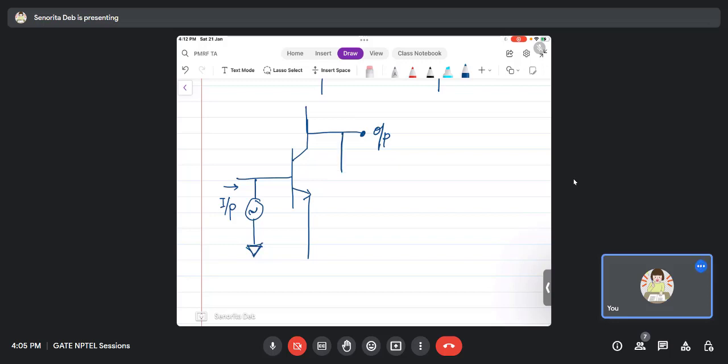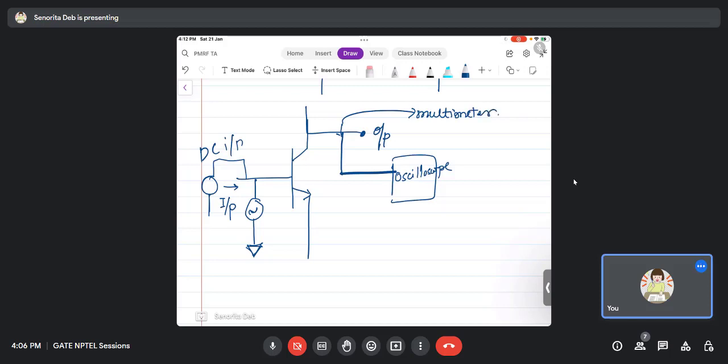And here I physically connect an oscilloscope. Or if I am only playing around with DC, then I connect a DC source here as an input, and I can check the output with a multimeter, because a multimeter is an average voltmeter, right? A multimeter shows you the DC value. So this is what I mean when I say input and output. Okay, so keep that in mind.